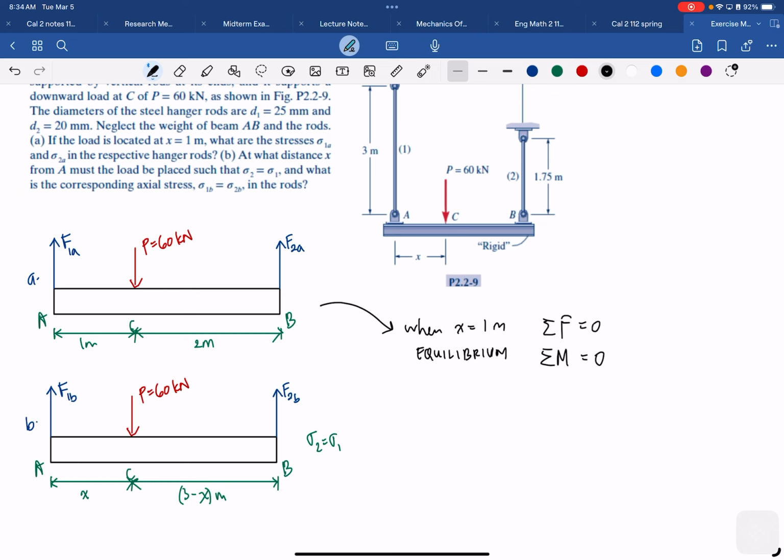But if we take the sigma moment first, we can take perspective on B or A. If you take perspective here, you are going to take the moment, for example, 60 kilonewton is going there, and this going there. Only that, and you will get this, right? And you can solve that using sigma F. So you can choose sigma moment A or B, the same, but you will have slightly different calculations, but similar. Not too complicated.